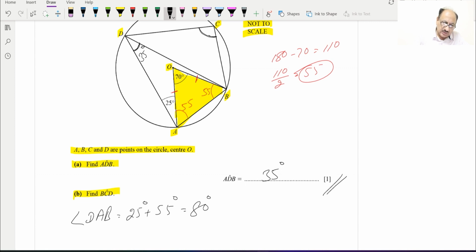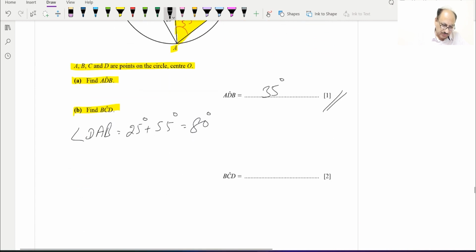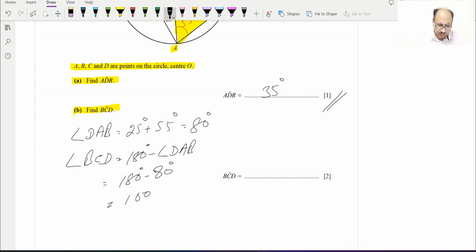Now in a cyclic quadrilateral, opposite angles add up to 180 degrees. So angle BCD will be equal to 180 minus angle DAB. So this will be equal to 180 minus 80 degrees, and this is equal to 100 degrees. 100 degrees will be our final answer for this question, which is 2 marks.